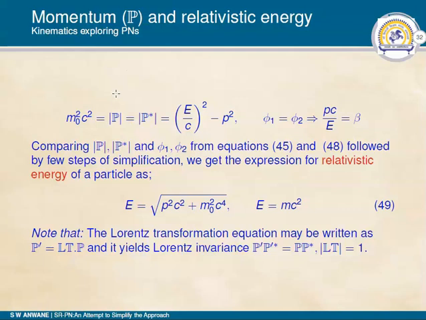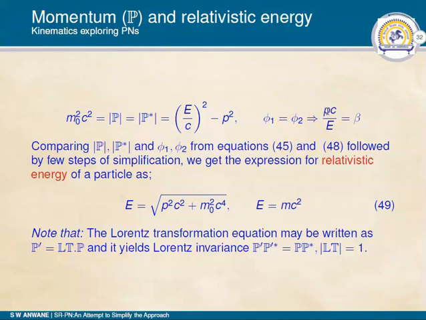And if you simplify phi 1 equal to phi 2, which is in fact pc upon E equal to beta, if you write beta as v by c, and the relativistic momentum p as m into v, you come across E is equal to mc squared.